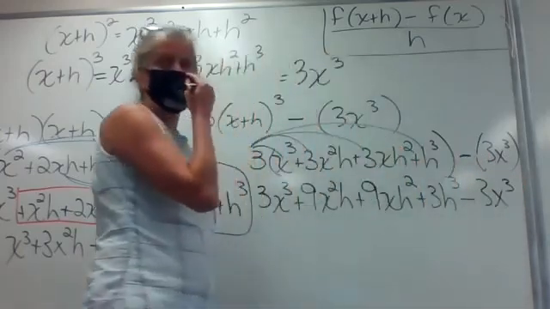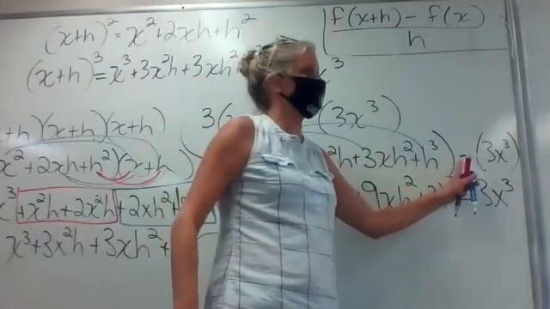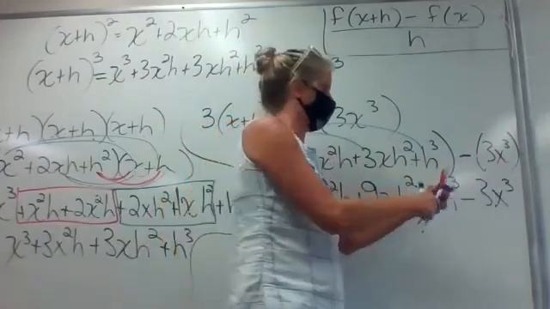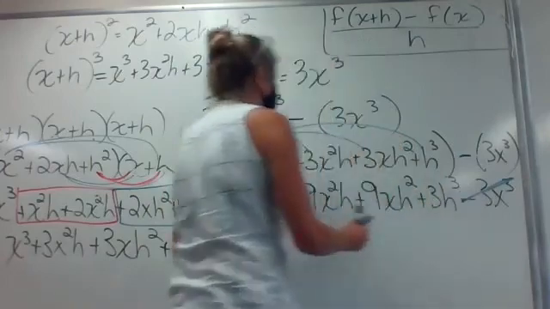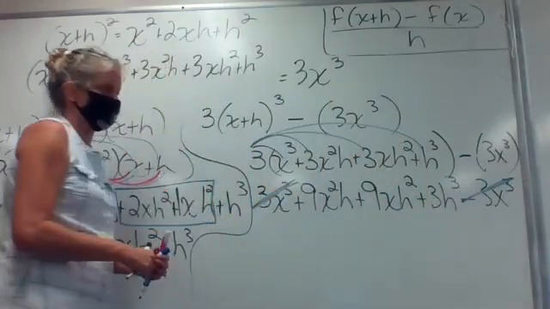So the only thing that's going to have something to cancel, remember, the only thing that has things to cancel is what you distributed the negative to. So this one just should have a positive 3x to the third.